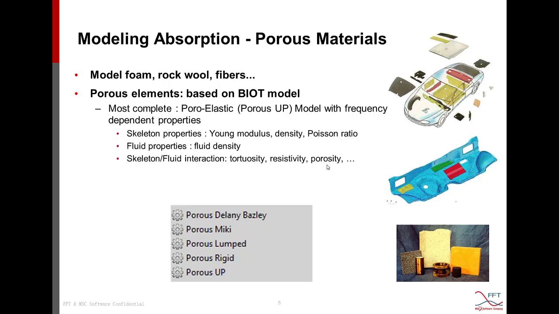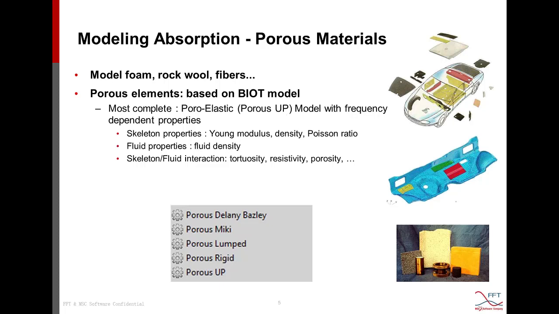Now, when all these properties are available, then we can, in Actran, use the porous elastic formulation, or in other words, the porous UP formulation. UP stands for: U stands for displacement of the skeleton, and P stands for pressure of the fluid cavity.